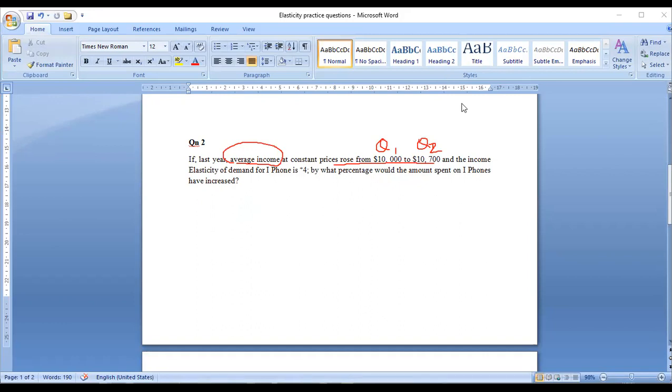Here, they are looking for the percentage change in quantity demanded. That is what we are looking for. Are we together? By what percentage?